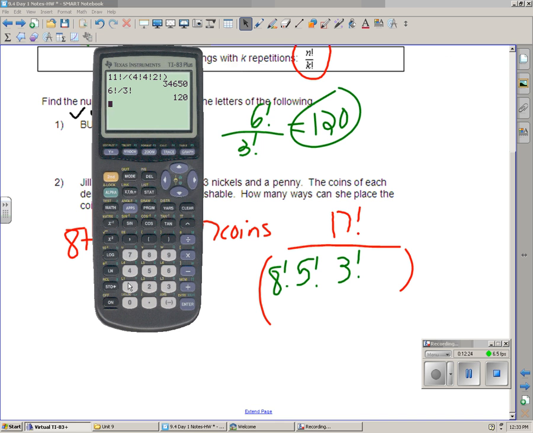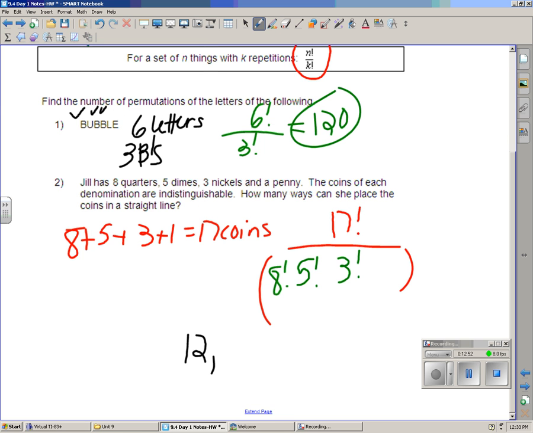So I've got 17 factorial, 17 math, probability, choice 4, divided by parentheses, 8 math, probability, factorial, 5 math, probability, factorial, 3 math, probability, factorial. Close up your parentheses, and in terms of the coins, lots of ways to do this: 12,252,240.